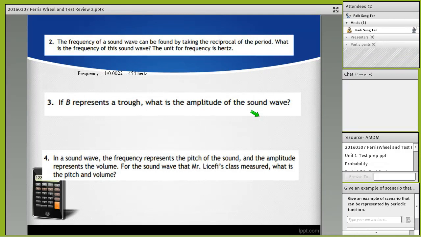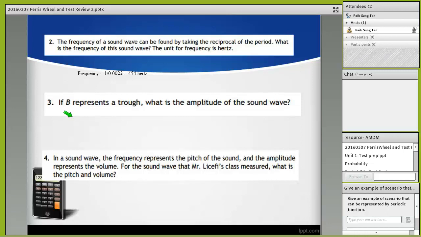So the vertical distance of the 2 points is 6.5 subtract 2.5, which is equal to 4.